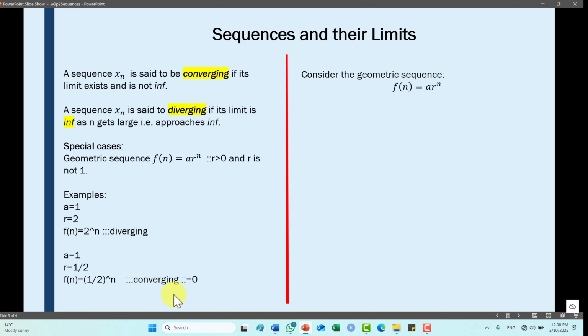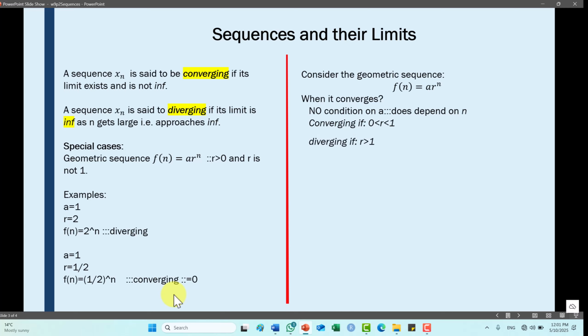Consider the geometric sequence Fn equals a times r to the power n. When it converges, obviously everything depends on r. If r is between 0 and 1, then it's somehow a fraction whose denominator is bigger than its numerator.